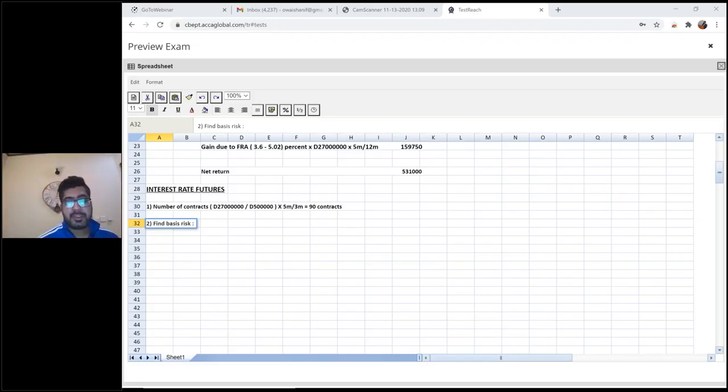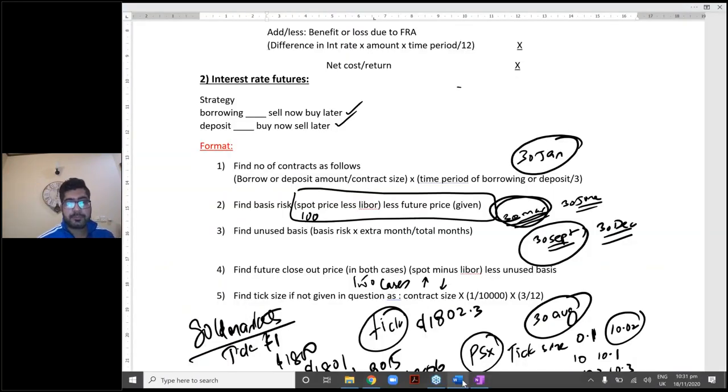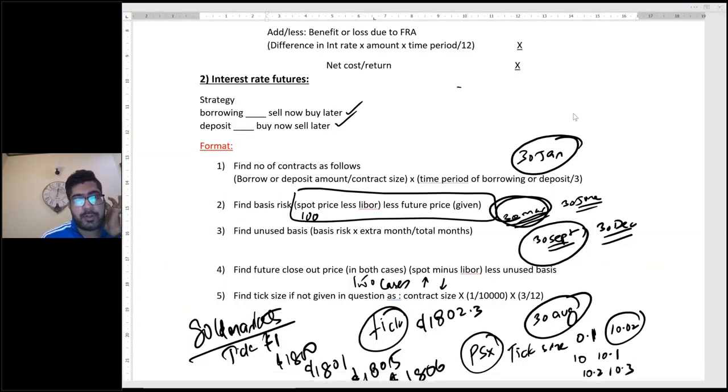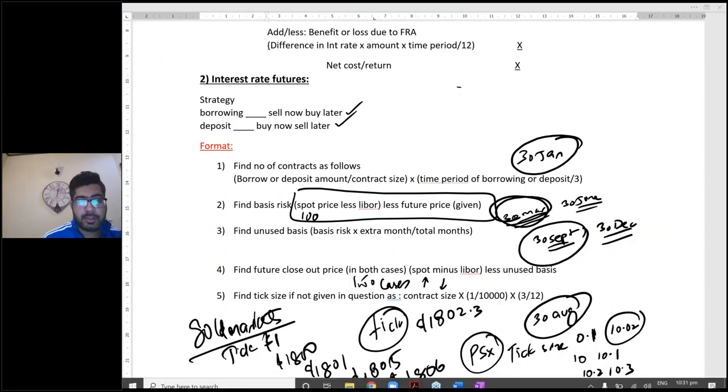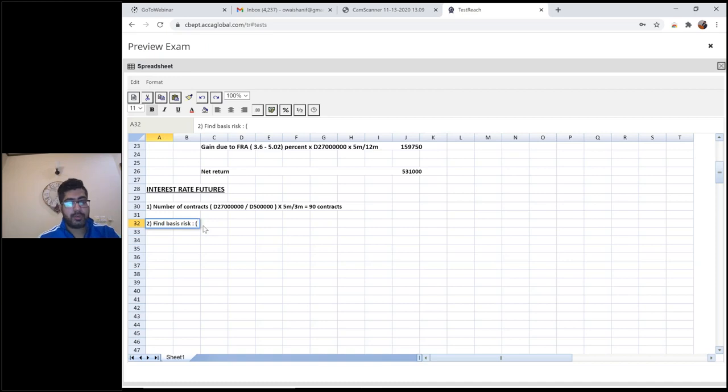So the formula for basis risk is here: spot less LIBOR less futures price, which will be given. So you need to take spot less LIBOR. Spot is 100, less LIBOR. LIBOR is the central bank rate or interbank rate, remember, 4.2. Spot less LIBOR, less futures price.